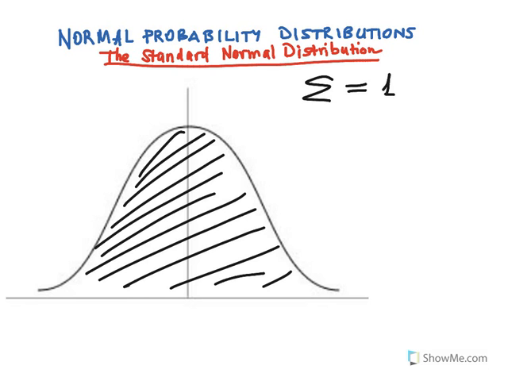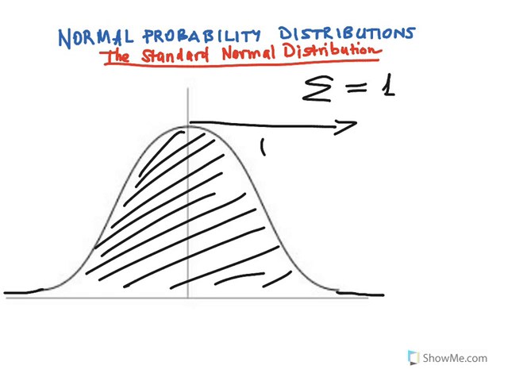The other property is that this distribution is symmetrical, meaning that it extends indefinitely without touching the x-axis, and that means that this divides the area into two equal halves.